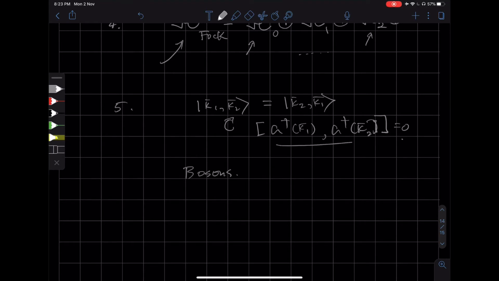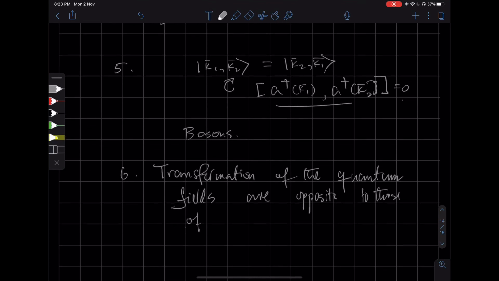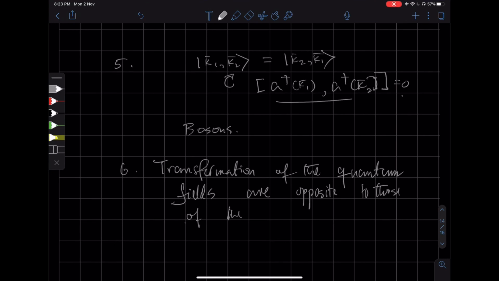We're dealing with bosons. And finally, we saw that the transformation of the quantum fields is opposite to those of the classical fields.